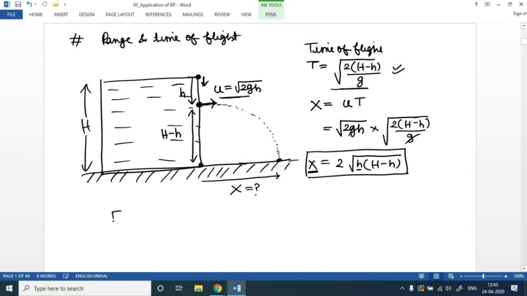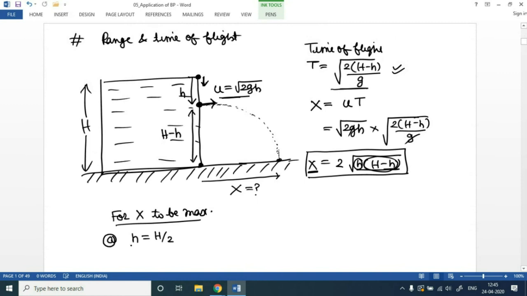So we must have a condition for x to be maximum. Looking at this function, whenever this quantity and this quantity are equal, x will be maximum, or you can use maxima-minima over that function to get small h equal to H by 2.